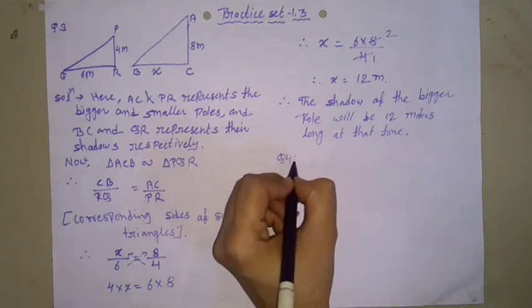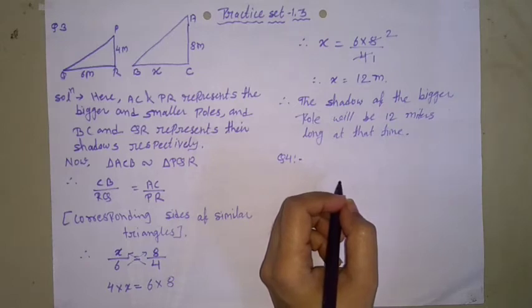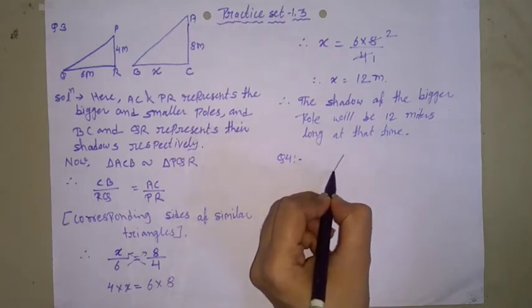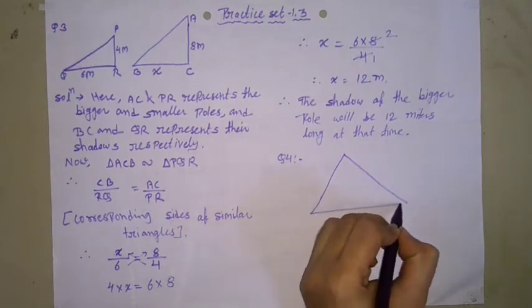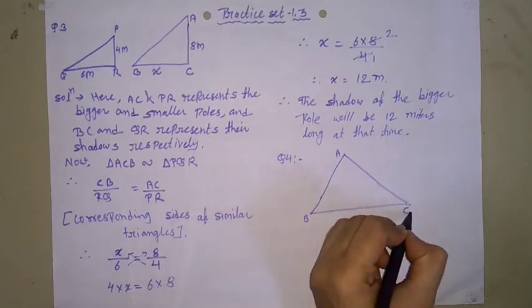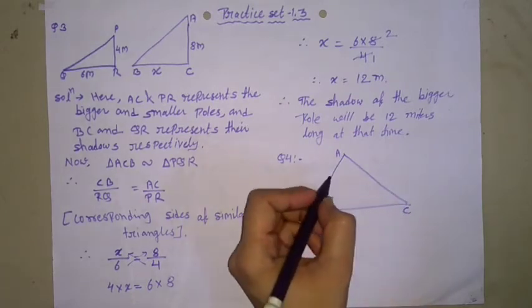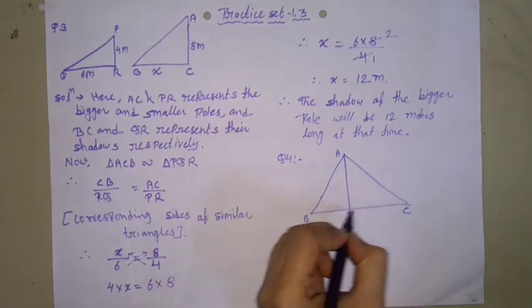Question number 4. In triangle ABC, AP is perpendicular to BC.